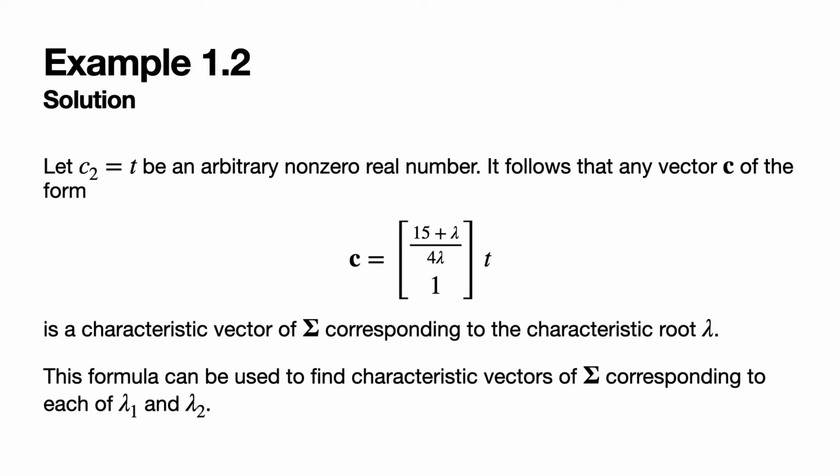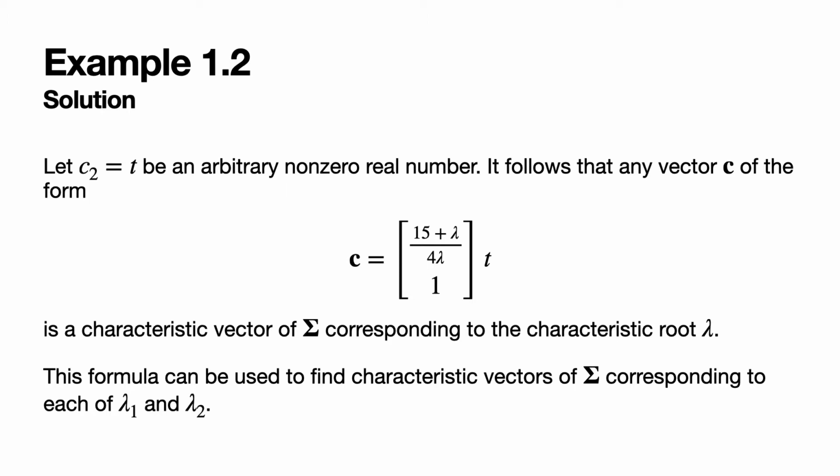Now let's let C2 be equal to t, an arbitrary non-zero real number. It follows that any vector C of the following form, C equal to the 2 by 1 vector, (15 plus lambda) over 4 lambda in the first position, and 1 in the second row, times this arbitrary non-zero real number t, any vector of that form is a characteristic vector of cap sigma corresponding to this arbitrary characteristic root lambda.